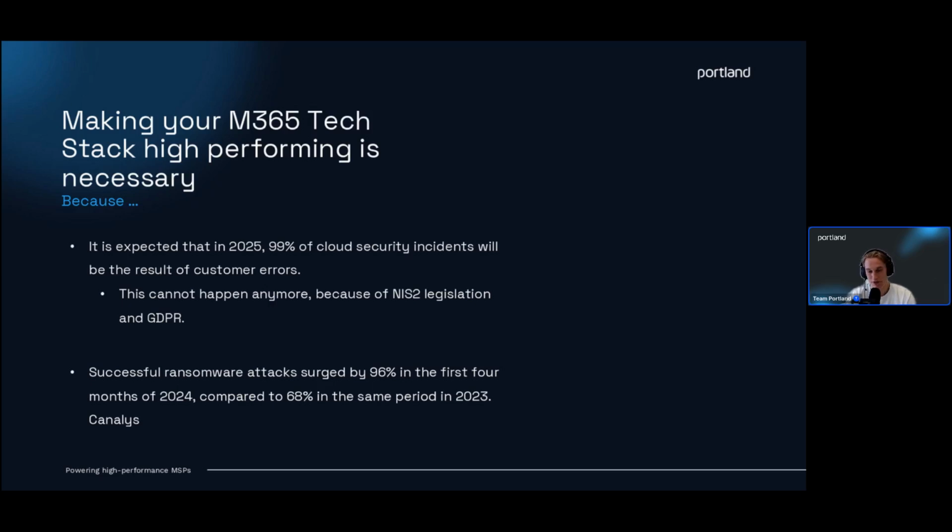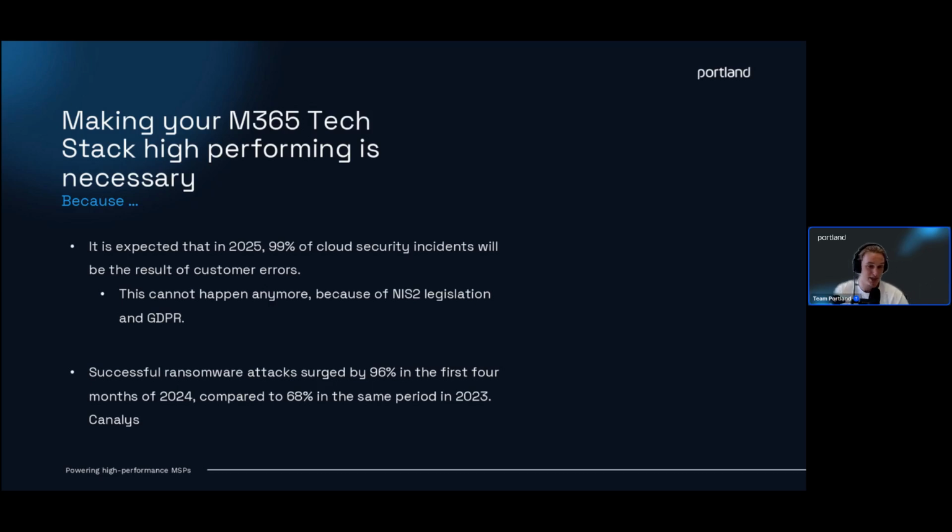So to give you some insights about the market growth, and why this is a very important part for you as an MSP to be part of. Why is it necessary? It's expected in 2024 and 25 that 99% of the cloud security incidents will be the result of customer errors. And that's something that can't be happening anymore with the NIS2 legislation and, of course, the GDPR.